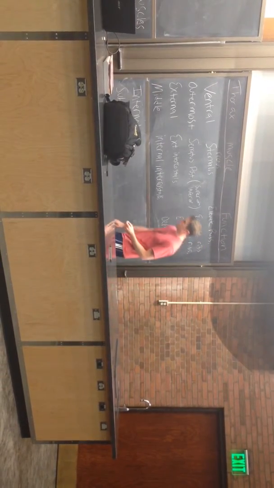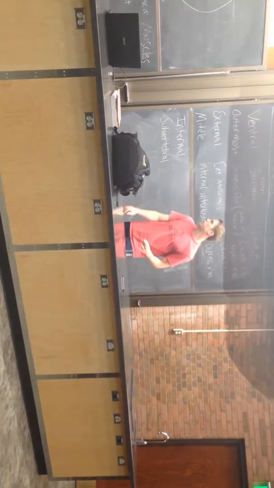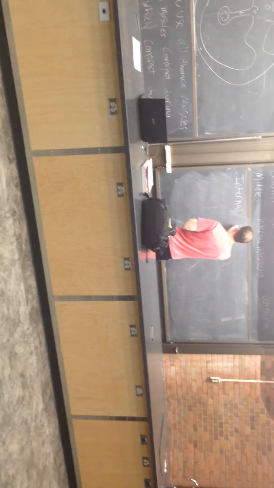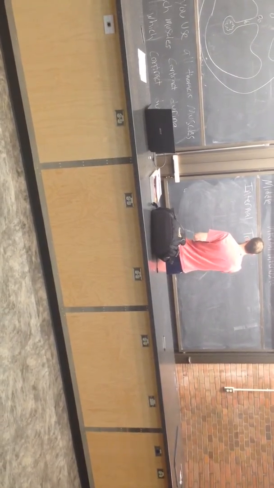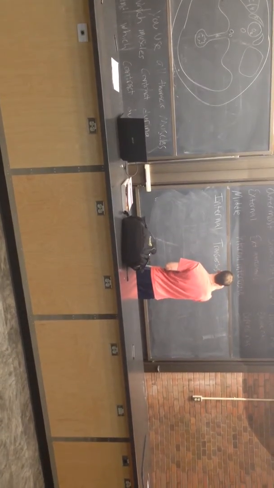So I should have given myself a little more room, because the internal layer has how many muscles again? 4. So let's start anterior and head posterior. What's the first one we're going to run into? Transversus thoracis.